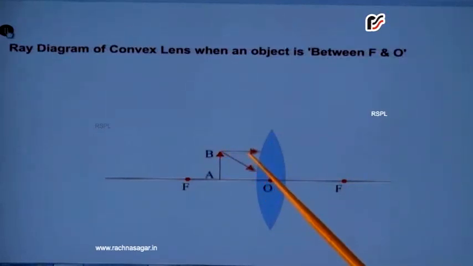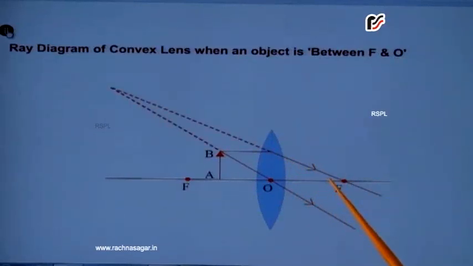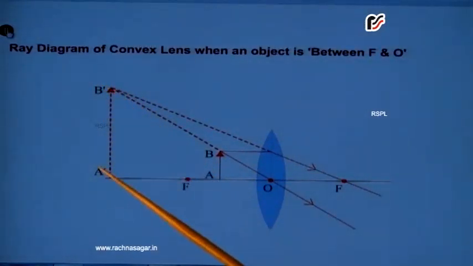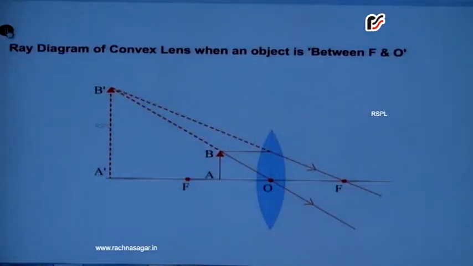The two rays come out and after refraction they diverge, or they appear to meet behind the object at B dash, where the final image A dash B dash is formed. The nature of the image is enlarged, virtual and erect, and on the same side of the lens.